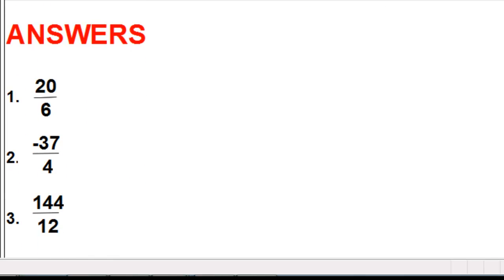Well, 20 divided by 6 gives you 3, remainder 2. So what does that mean? Well, it means your integer component will be 3. Your remainder goes on top of the fraction, and the denominator is the same as the original. So that becomes 3 2/6.